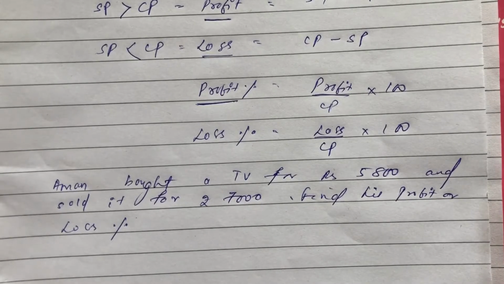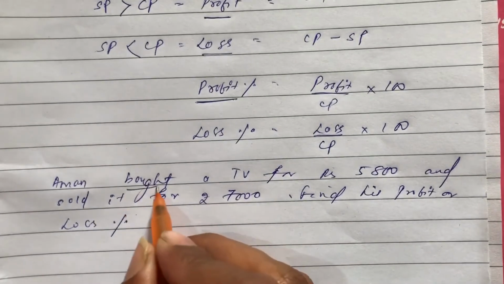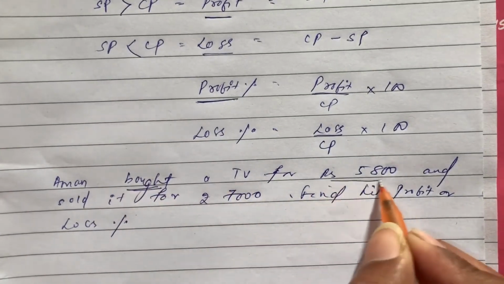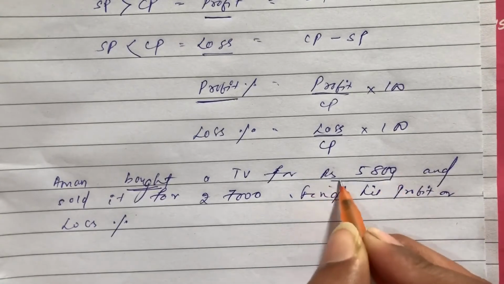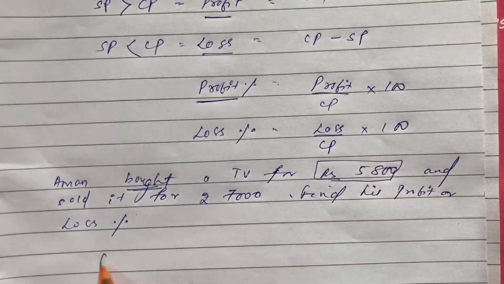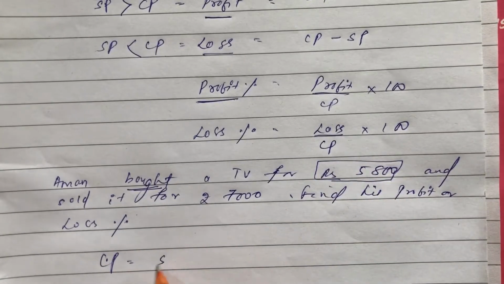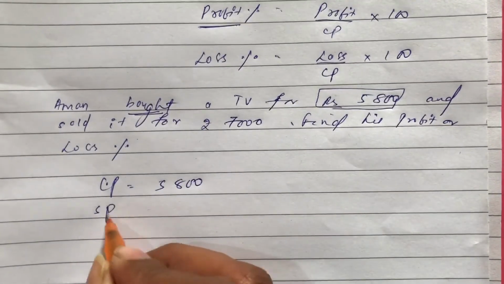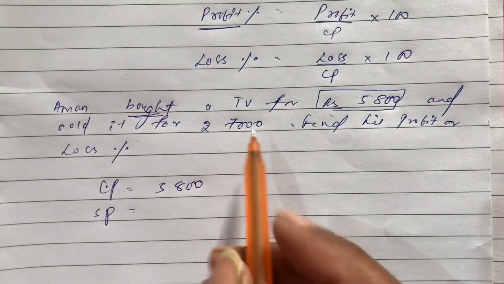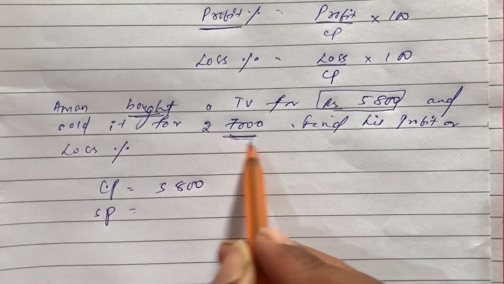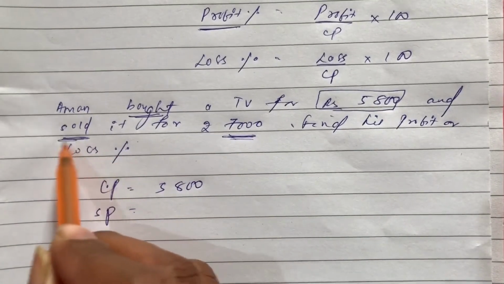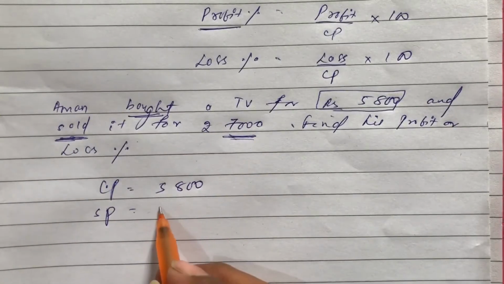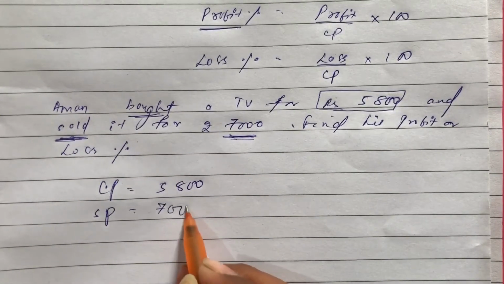First, Aman bought a TV for rupees 5,800. Bought means CP, so cost price is equal to 5,800. Sold it for rupees 7,000, so selling price is 7,000.